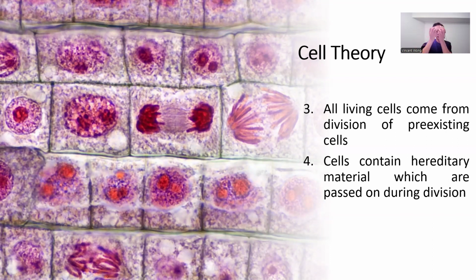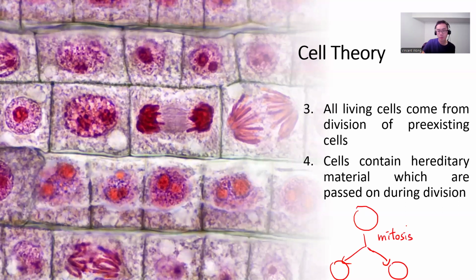The cell would split into 2. In fact, here is 1 cell. And when it divides, you will create 2 identical cells. This process has a name. It's called mitosis. We will learn more about mitosis later on in the course. But to get more cells, you need to wait for the cell to divide.